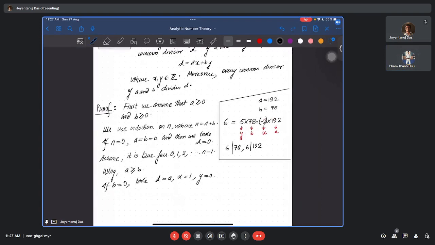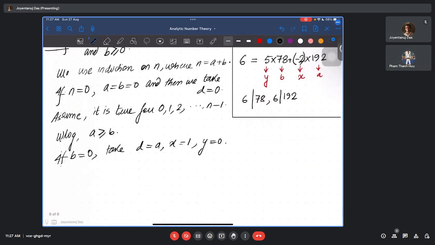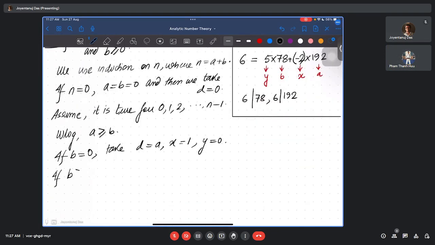And if B is greater than or equal to 1, then we apply the theorem for A minus B and B. So now I know that for both of them it is true, right?